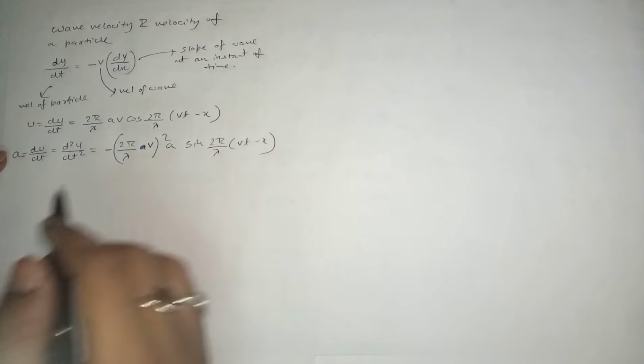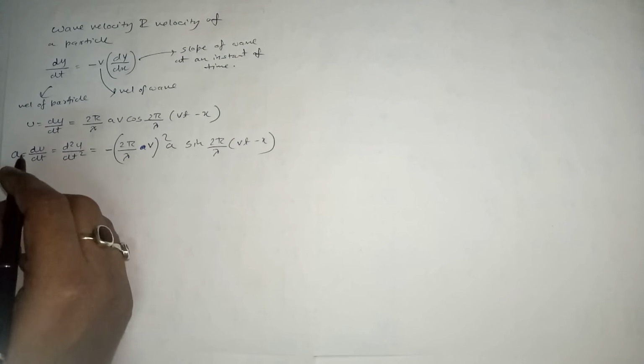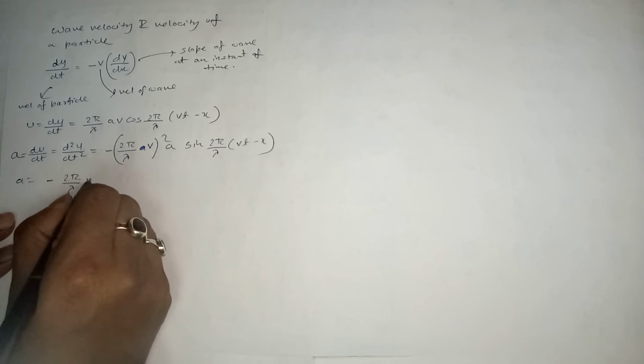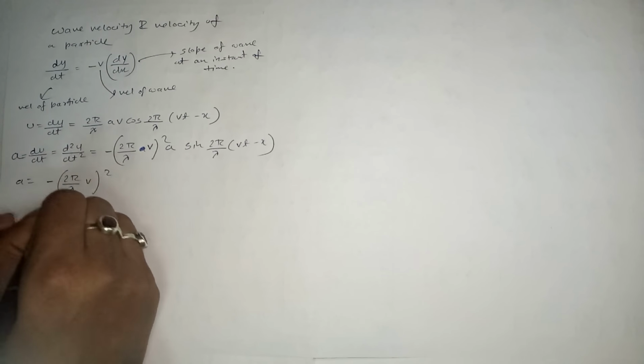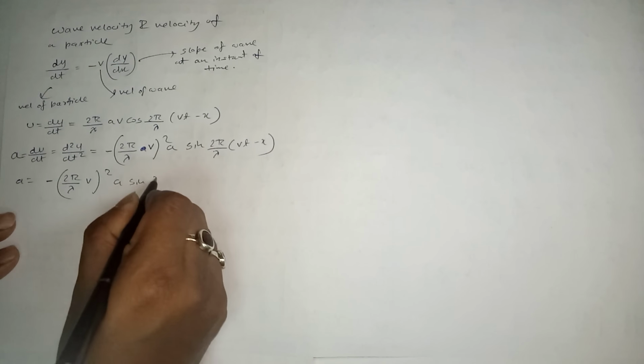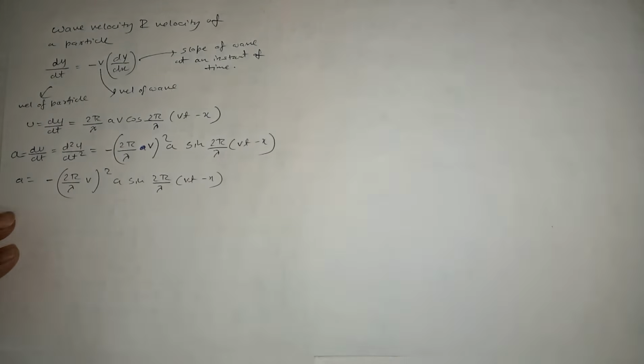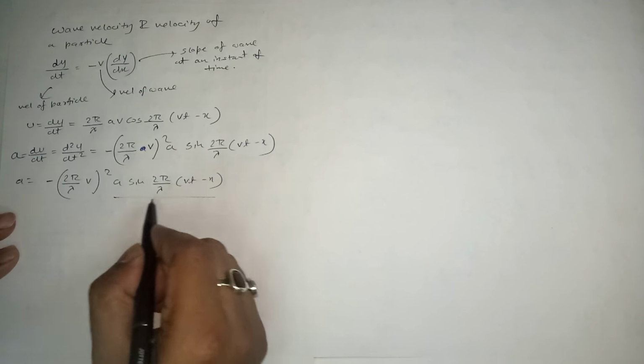Differentiation of cos is minus sin, and the rest goes like we have done before. So acceleration is basically equal to minus (2 pi by lambda v) whole square a sin 2 pi by lambda (vt minus x). Now this is equal to y, no?